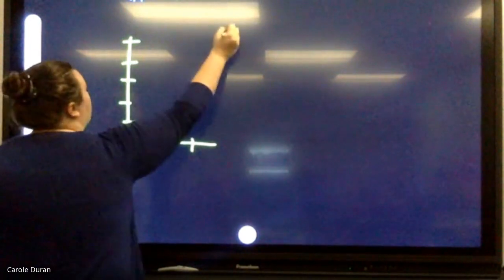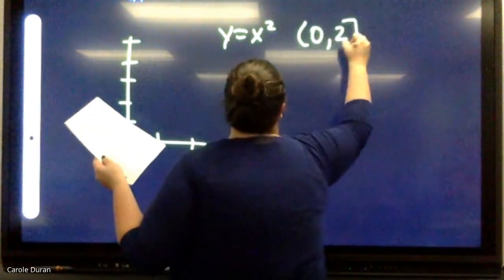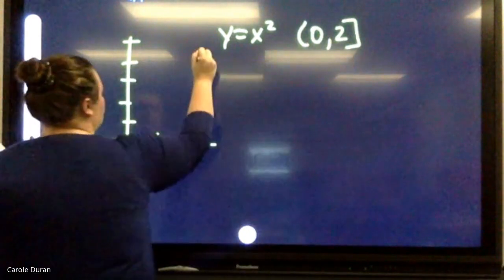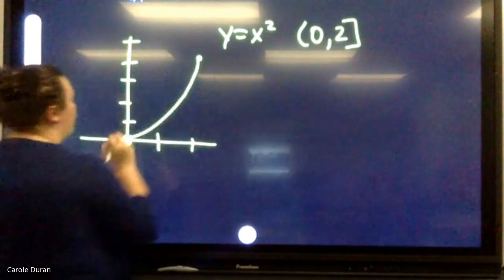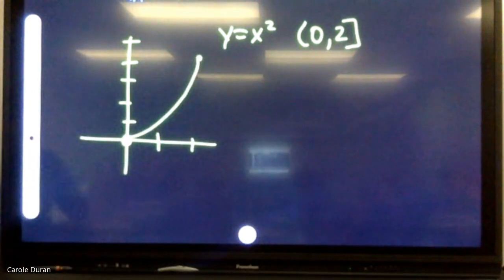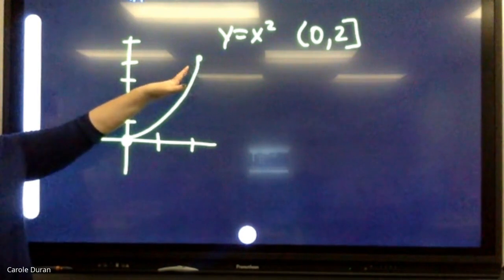It is y equals x squared on the domain 0 to 2. When we look at it, there's an open circle at 0 but a closed circle at 2, which means my absolute maximum would be 2, 4, right? Because that's the highest point on the graph.